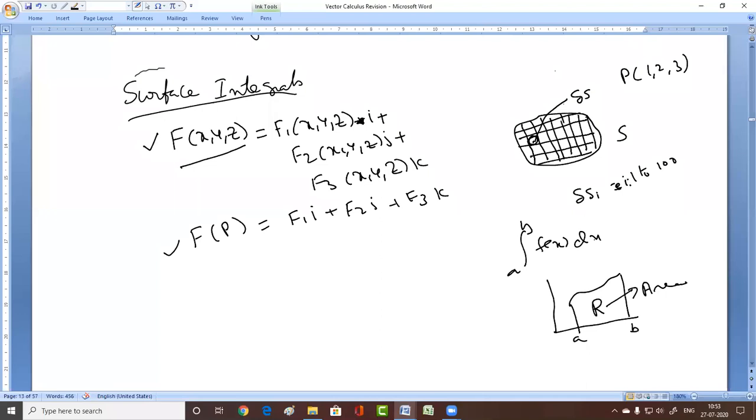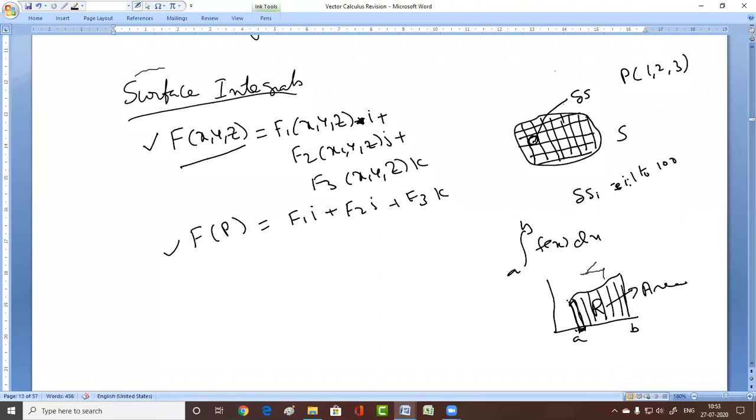Then how to find the area? The total area is divided into smaller slices. Each one is a rectangle. Now, what is the area of the rectangle? The area of the rectangle is L into B. Length is the function value at this point, and this is the breadth.